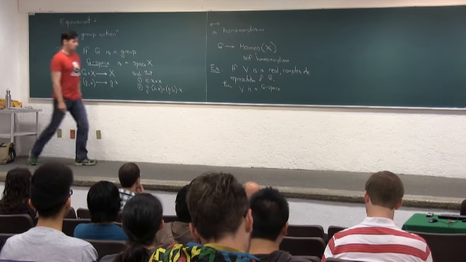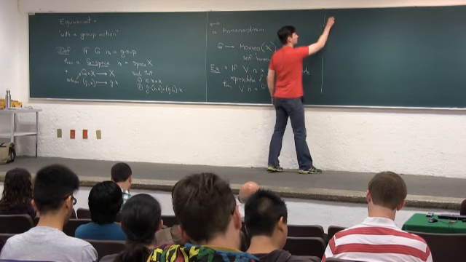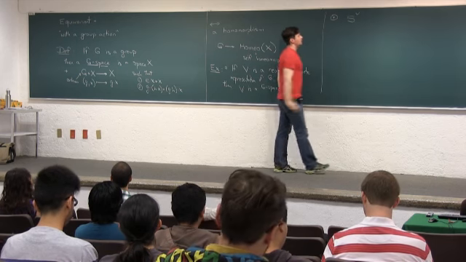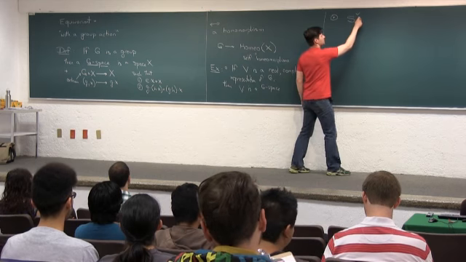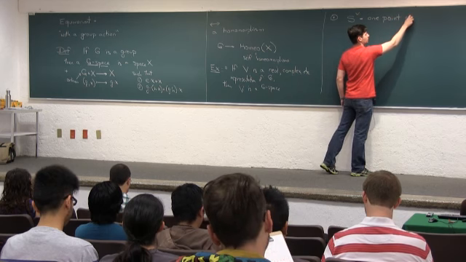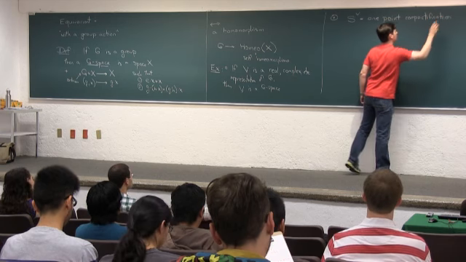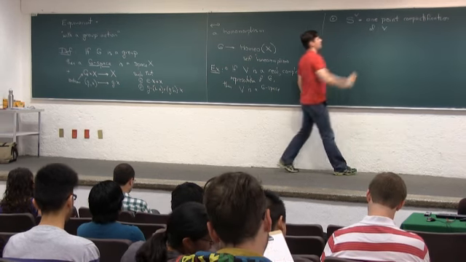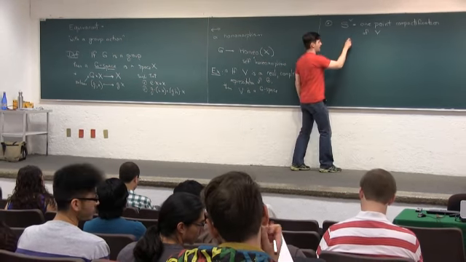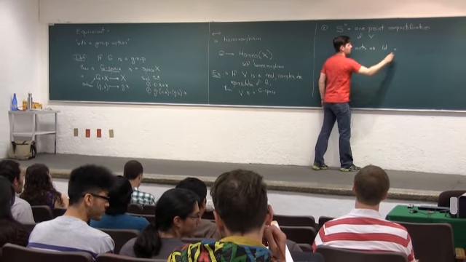I can get a few others in the same vein. I can take the sphere S^V, which is just the one-point compactification of V. And this, again, is a G-space, where I say that G acts as the identity on the point at infinity.